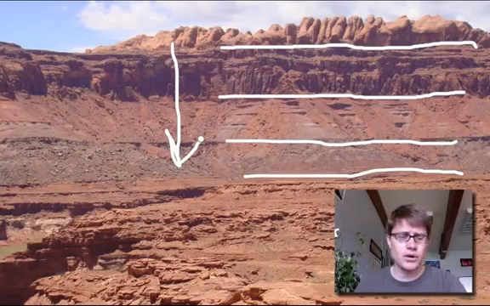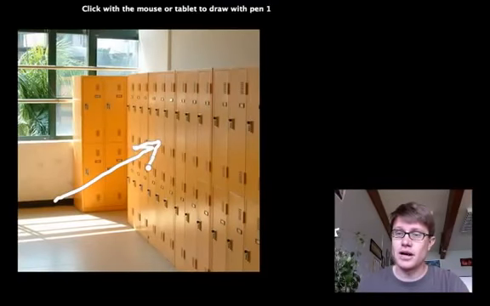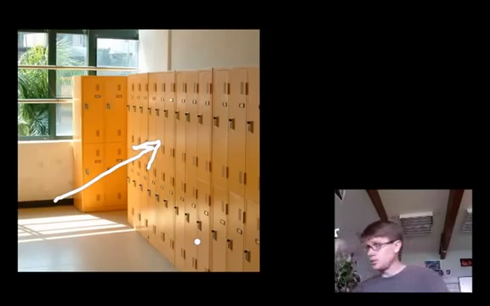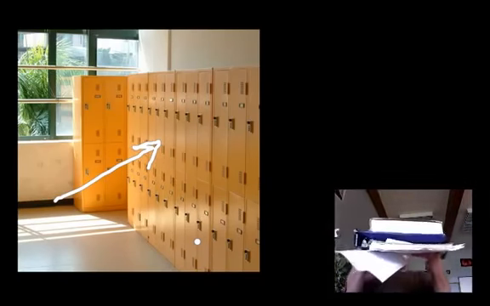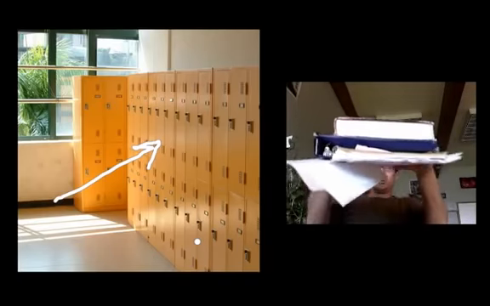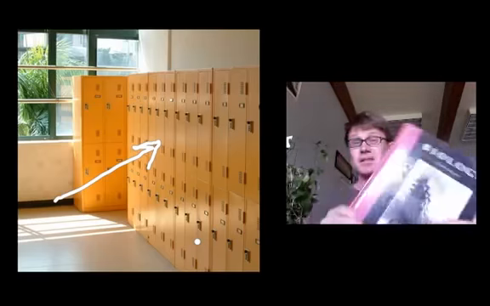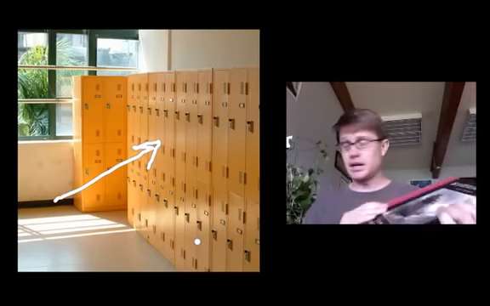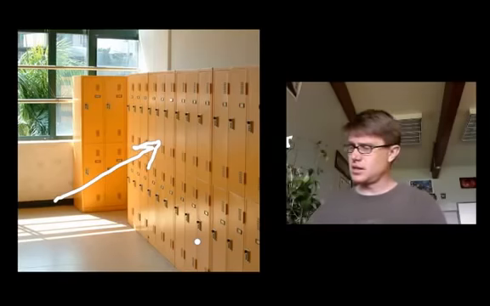Now, an example of where you might see this in your daily life might be in your locker. I've grabbed a sample from a locker right here. If I grab some of the stuff out, it looks just like that. We've got a book and a notebook and some papers. The stuff that's laid down most recently, like this biology book, is going to be on the top, or like this looks like a geologic key.